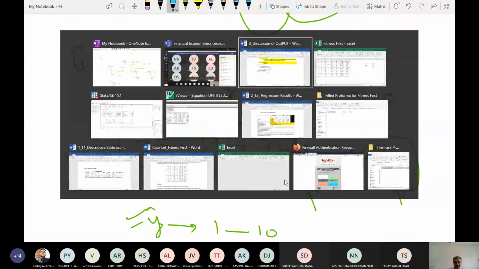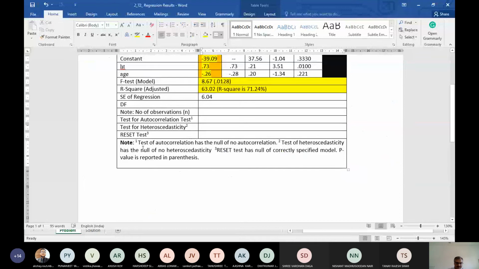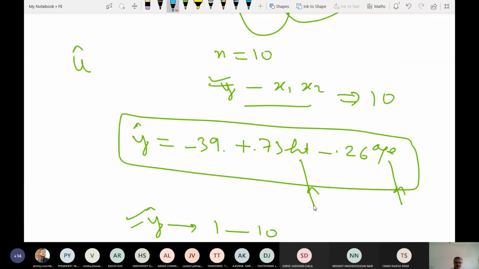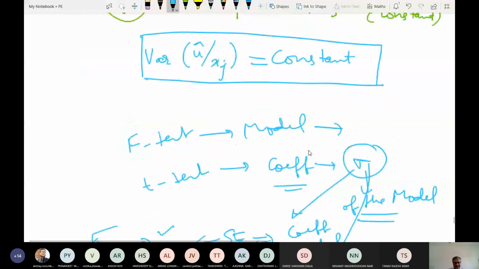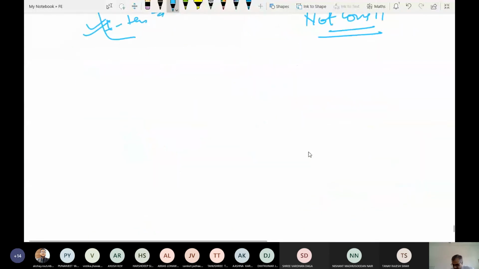Let me come back to at least heteroscedasticity. I'll complete. Look here. The hypothesis test of heteroscedasticity has the null of no heteroscedasticity. Are we together? I have to again go for testing of significance to establish whether my model has the problem of heteroscedasticity or not. I need to test, and to test that, again, I have to go for testing of hypothesis.